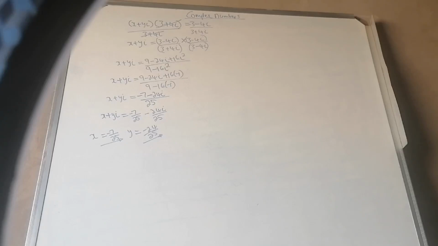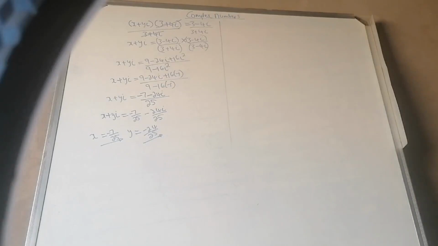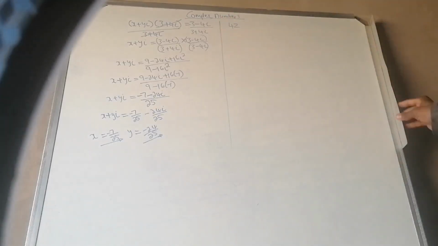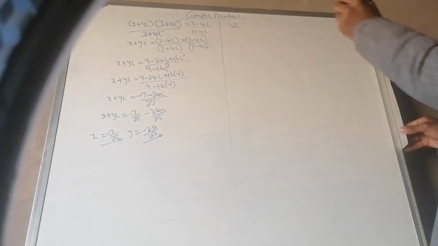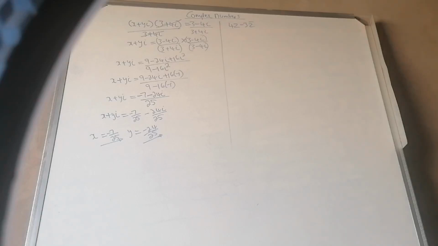Now, another problem that we have is the following. The complex number z satisfies the equation. So we are given the complex number z, which satisfies the equation 4z minus 3z-bar. What is that? That would denote the conjugate.